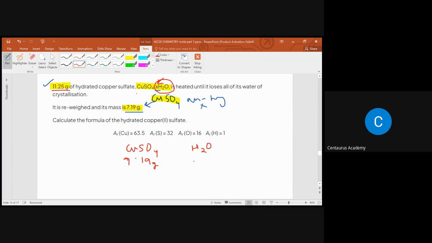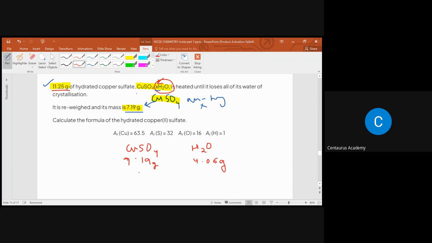Subtract the mass of anhydrous copper sulfate from the hydrated salt's mass. It is 4.06. So 4.06 grams of water is present within the hydrated salt.